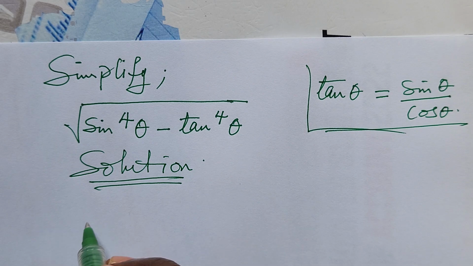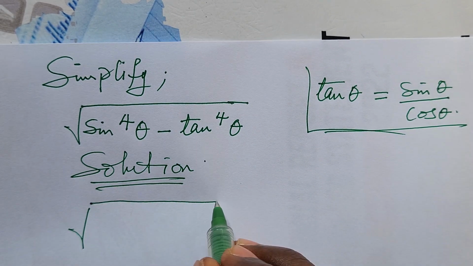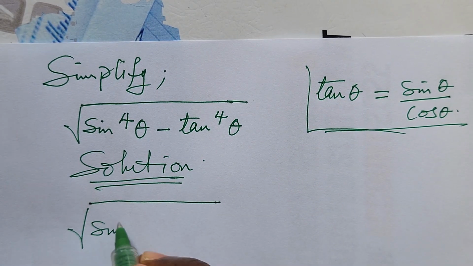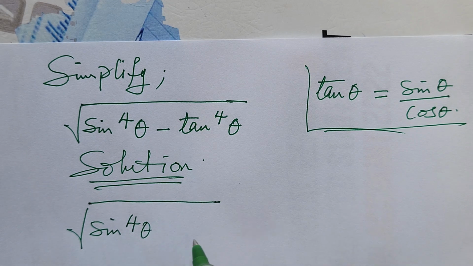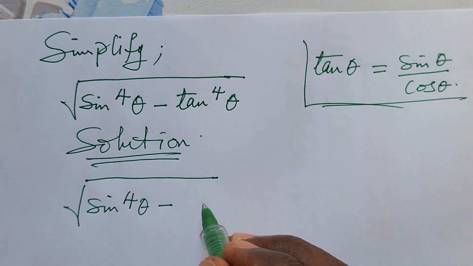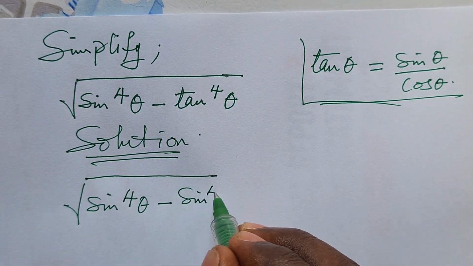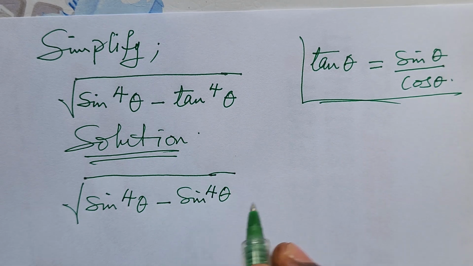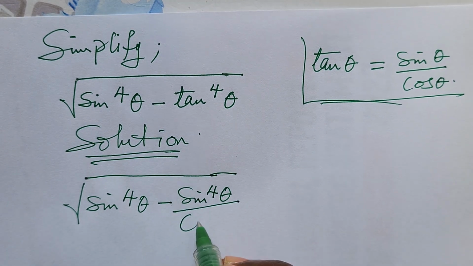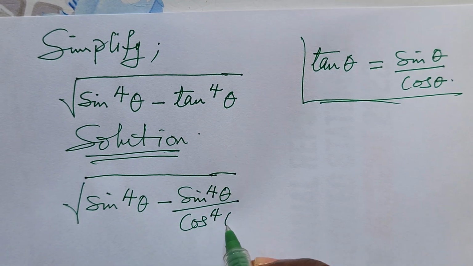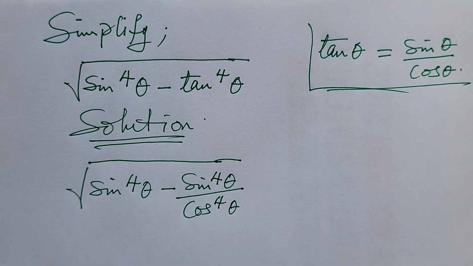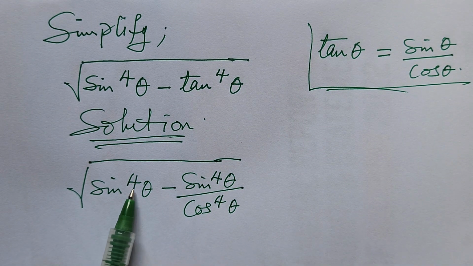So this is going to give us here the square root of sine to the power of 4 theta minus sine to the power of 4 theta all over cos to the power of 4 theta. Here we can factor out sine to the power of 4 theta.